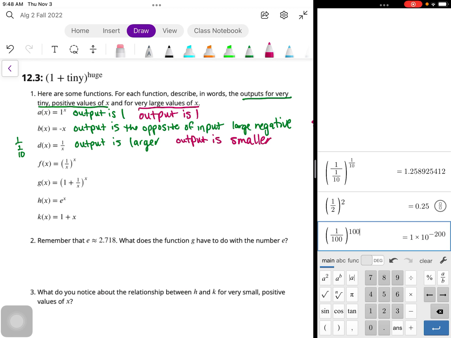So as our x values get bigger, our numbers get smaller. So when we put in very small positive values, our output is larger. And then our output is smaller when we put in larger values for x.